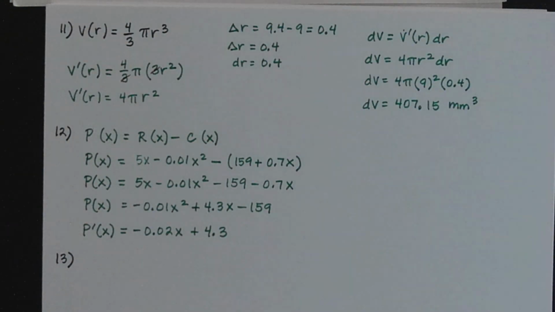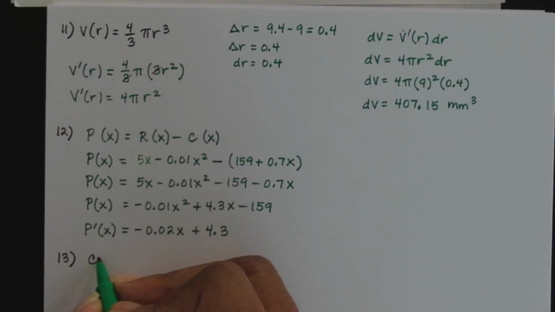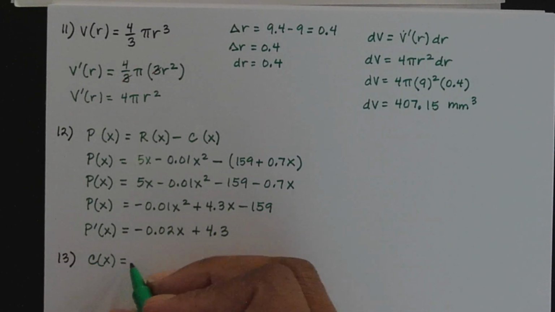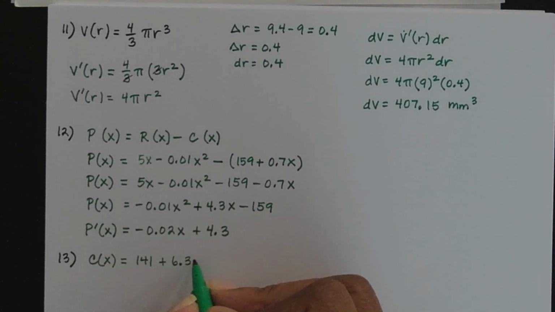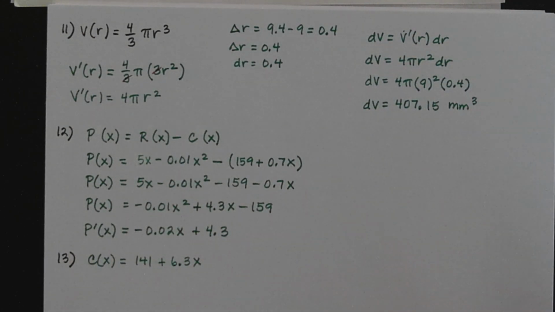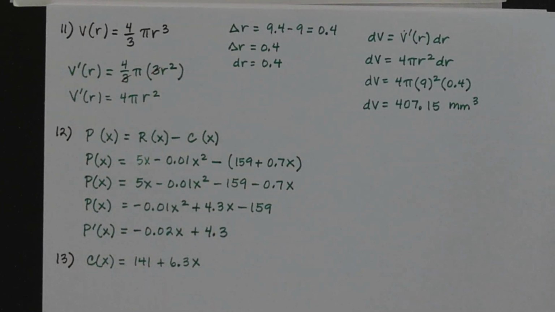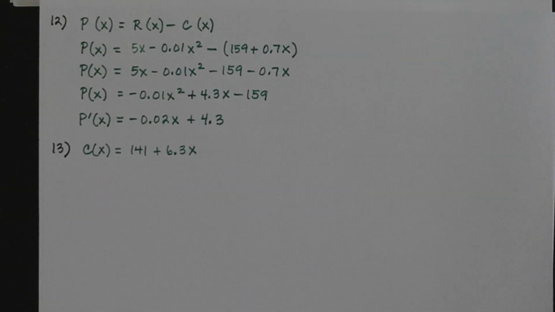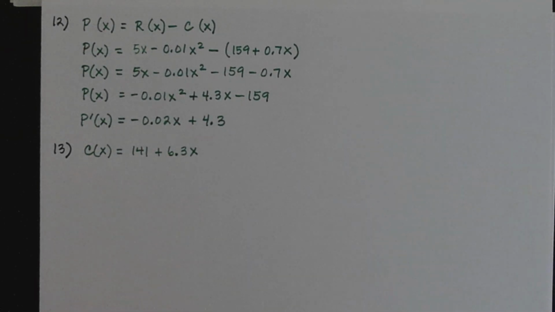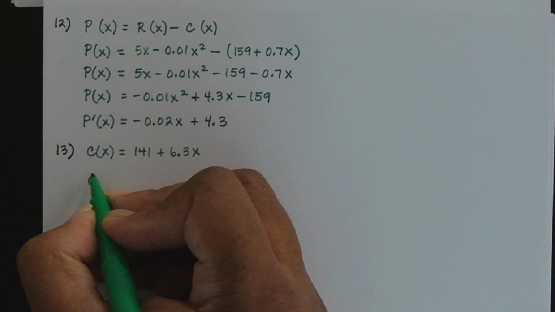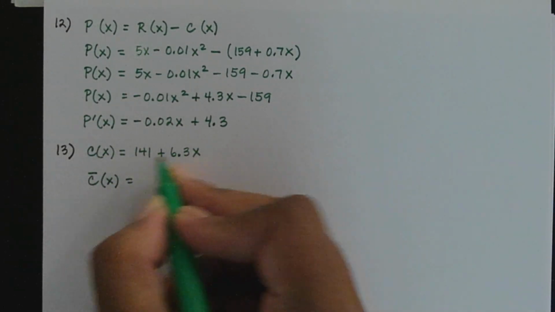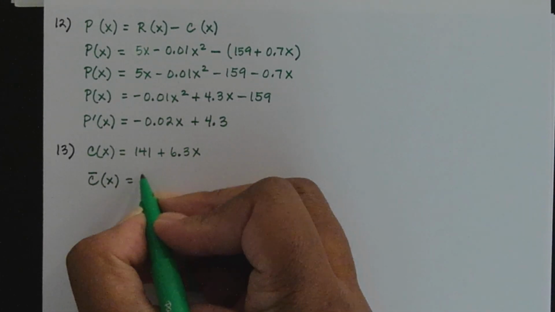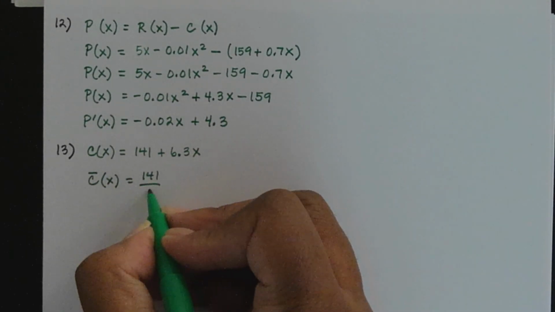So in this case here, my cost function C of x was 141 plus 6.3x. So if I want the average cost function, the average would be C bar of x. And the way we do that, we divide every single term in this cost function by x.